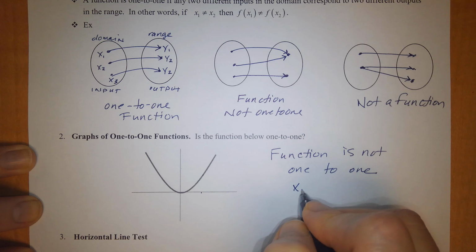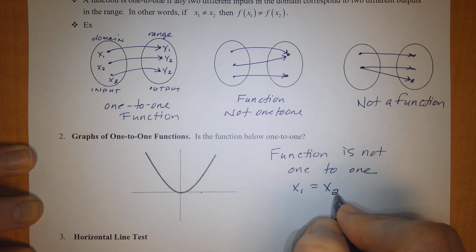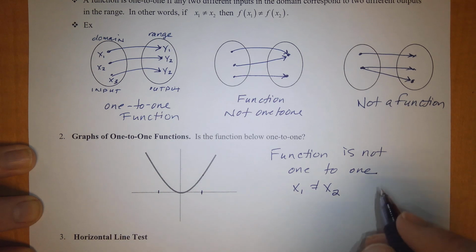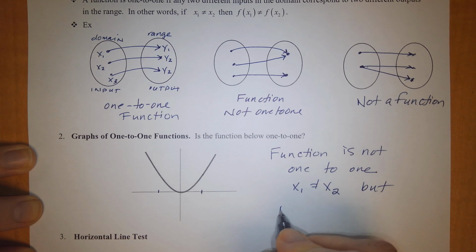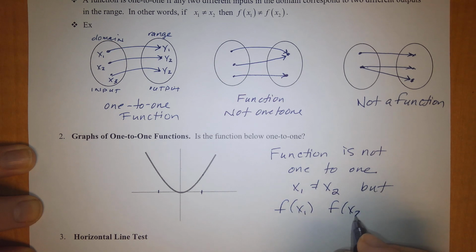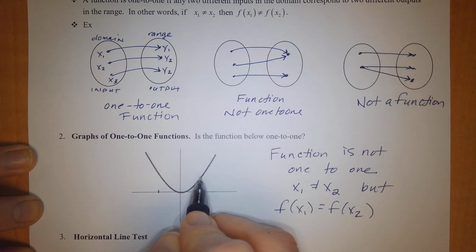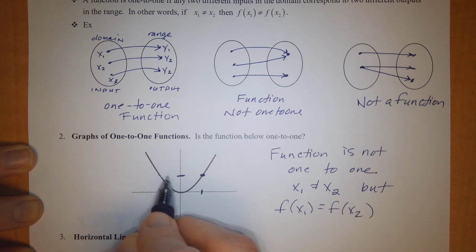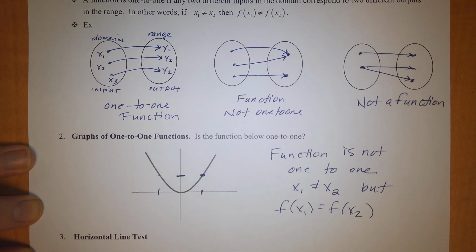Because for two different x values, for example, this x and this x that are not equal to each other, their functions evaluated at that particular location are actually equal to each other. So this x has this y value, but this x also has the same y value.